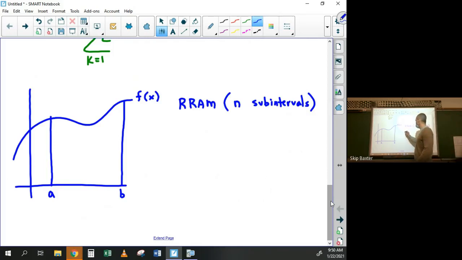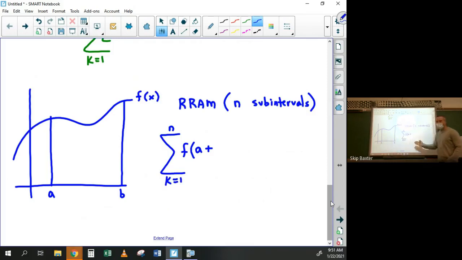Well, okay, so the first thing is it's going to be the summation k equals 1 to n. The height of the rectangle is always going to be f of something. And that something is going to be a plus, right? I want to start at a. So a plus the width of the rectangles times k.